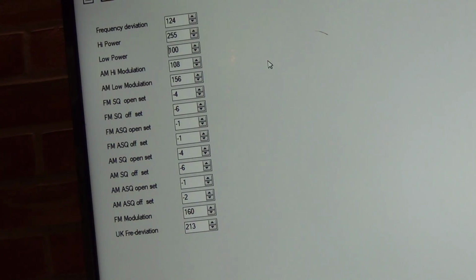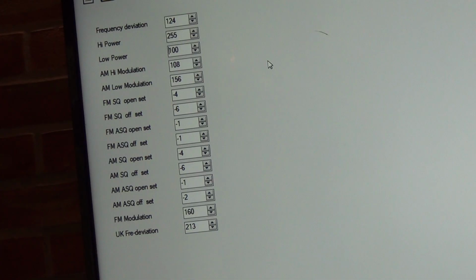It's power levels. In Germany, you're only allowed 1 watt at one point, but it's changed, hasn't it? Oh, right. So the AM can stay exactly what it was. It works out at 95%. I don't normally have them that high, but that's fine. What about AM low modulation, or is it just a case of never going to be used, so it doesn't matter? No, I don't think anyone's.